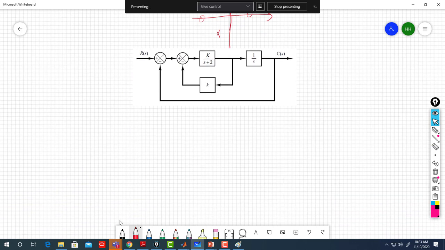I want to call them K1 and K2, because small k and big K may get us lost easily when we are doing the calculation.